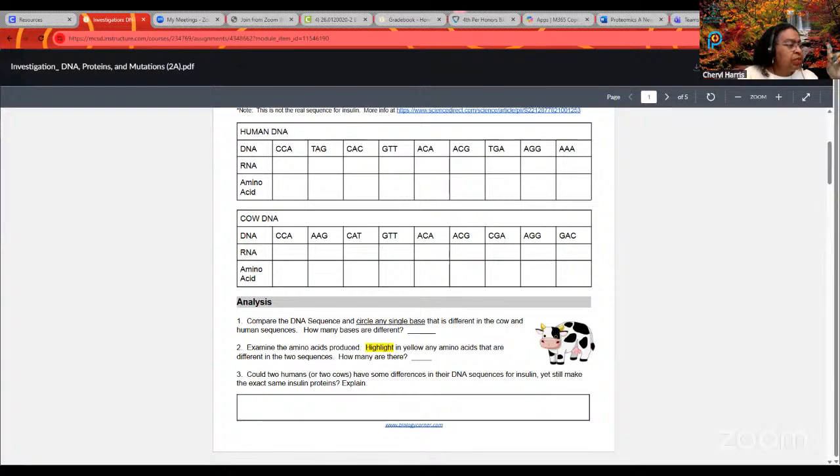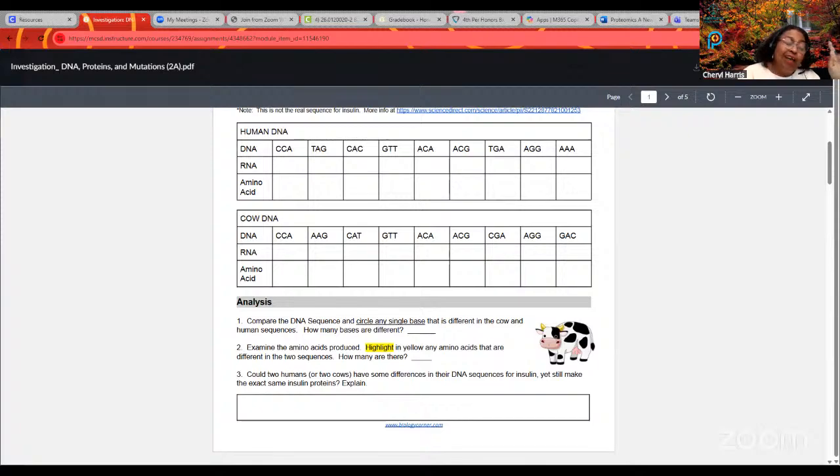These 2 are the same. And then we get over here, and these 2 are the same. And then we get here, this one and this one is different. So that's 3. Then these 2 are the same, and then these 2 are different. That's 4. Okay. Answer to number 1 is 4, and you should have 4 things circled. 4 on the top and 4 on the bottom.